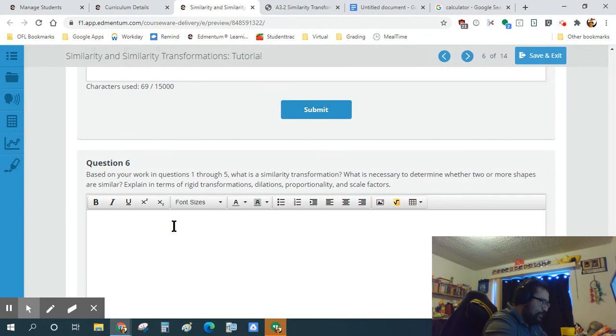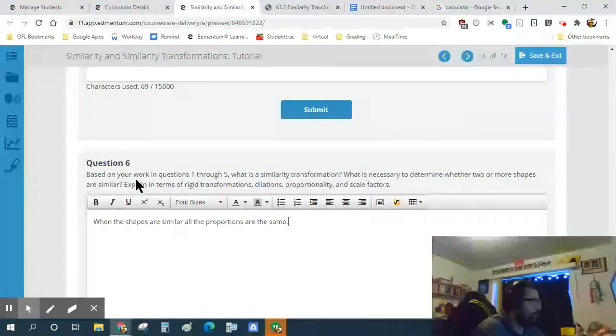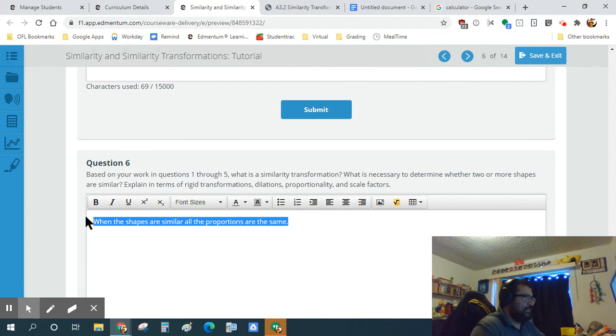So what we notice here is when the shapes are similar, all the proportions are the same. So that's what I mean. To be similar, the idea of being similar, what is necessary to determine that the two shapes are similar? Explain in terms of rigid transformation dilation.